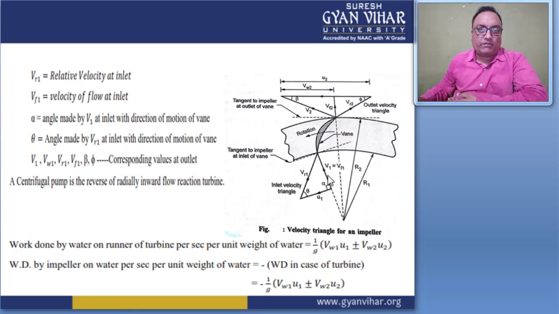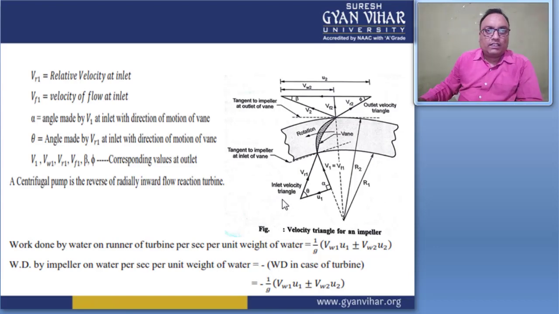In this case V1 equal to Vf1, and here are V2 and Vr2, this is Vw2 and this is U2, and here is the tangent to the impeller at the outlet of the vane, and this is the outlet velocity triangle. The tangent to the impeller at the inlet of the vane gives a line, and this is the inlet velocity triangle, right?